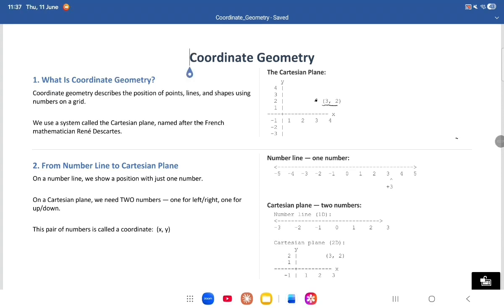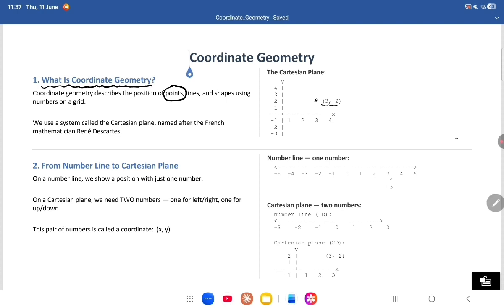Anyway, let's have a look at the definition of coordinate geometry. Coordinate geometry is a tool that enables us to describe the position of points, lines, and shapes, but for now we are going to focus on points. So how to read points and how to place a point when you know the coordinates.